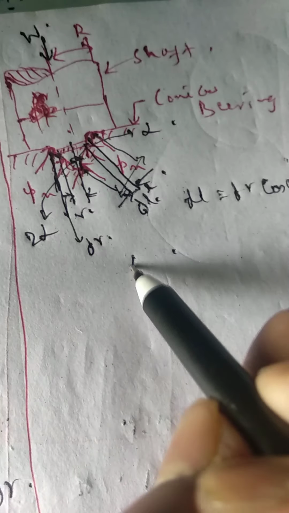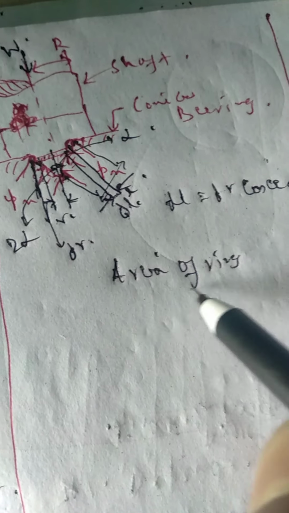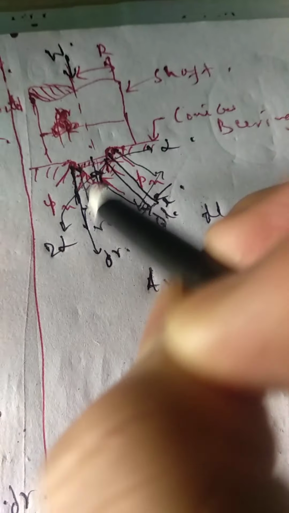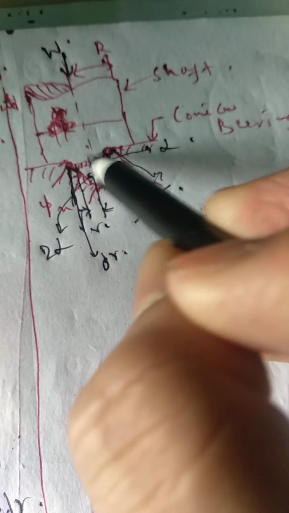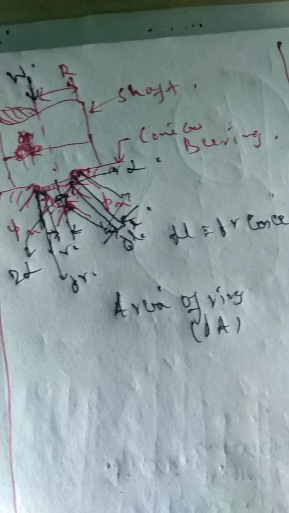This dl is equal to dr into cosec alpha, and the small area of the ring, dA, will be equal to 2 pi r into dl, where dl is the length along this angle.